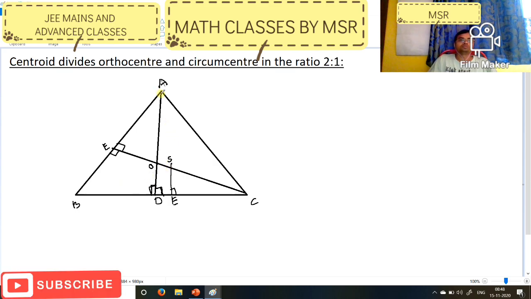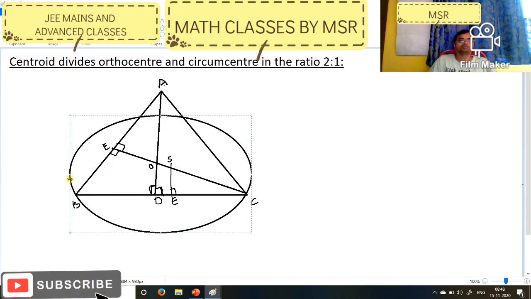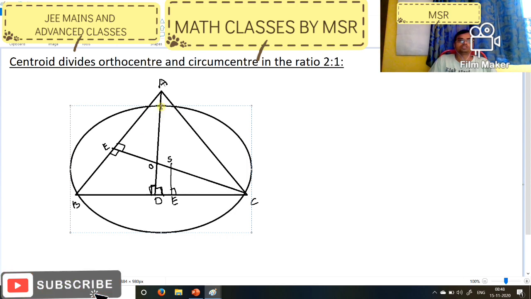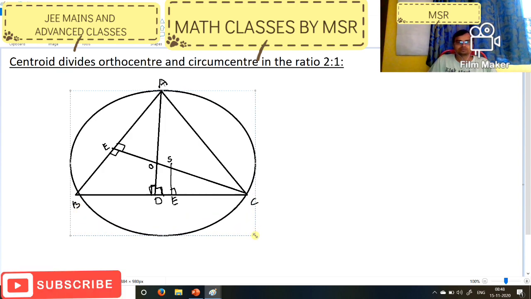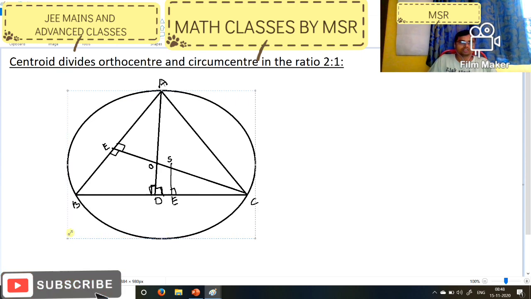Now let us draw one circumcircle here. The circumcircle always passes through the vertices of the triangle. Through A, B, C the circle is passing.